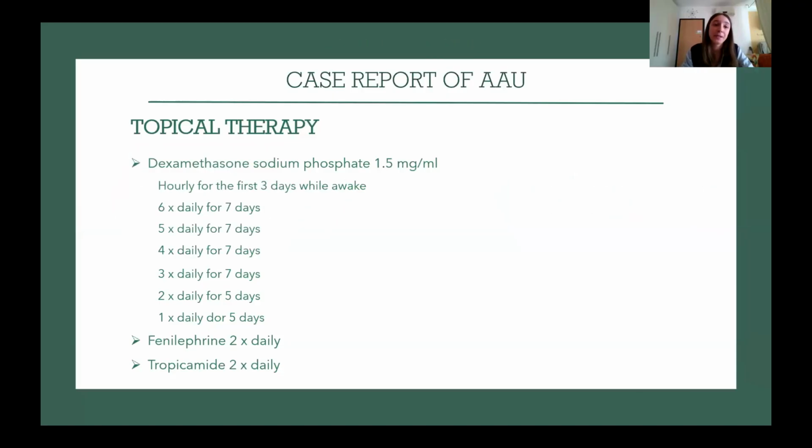For topical therapy, we started with dexamethasone hourly dosing for the first 3 days while the patient was awake, and then we reduced to 6 times daily for 7 days, then 5 times daily for 7 days, and so on, proceeding to 4, 3, 2, and finally 1 every 7 days. We also added phenylephrine and tropicamide twice daily to maintain pupillary dilatation and to try breaking the posterior synechiae.